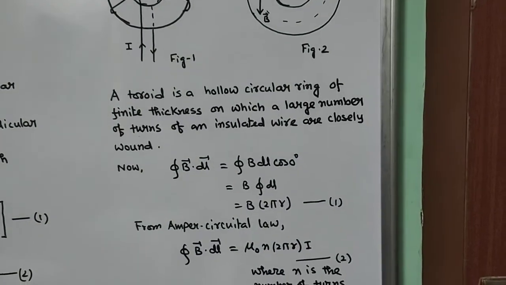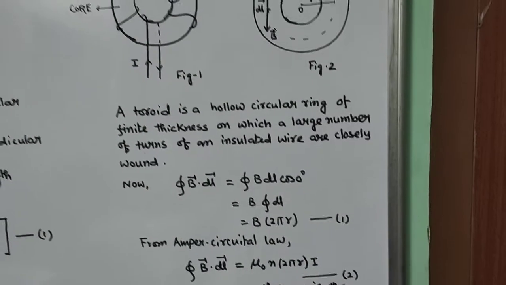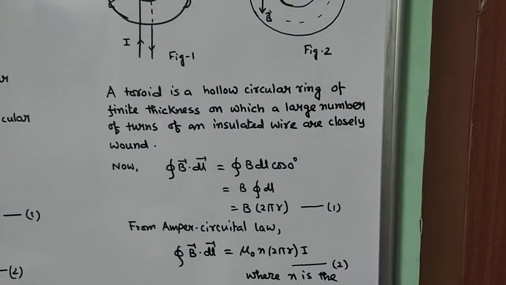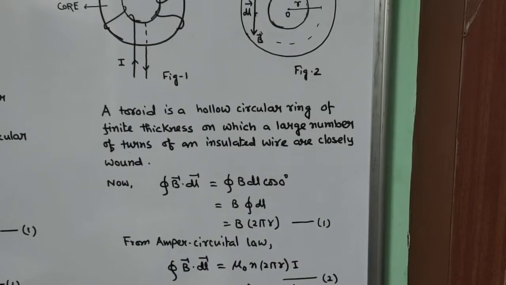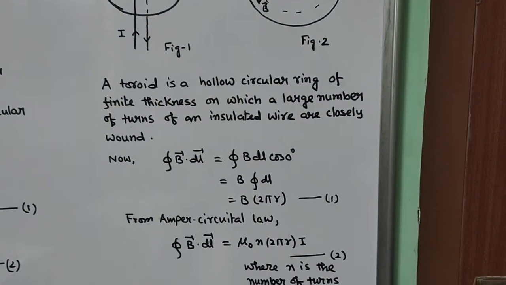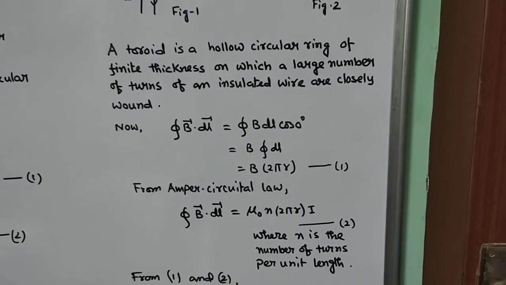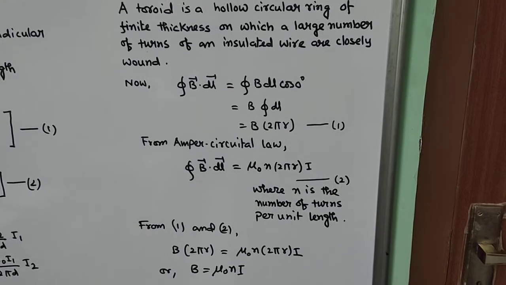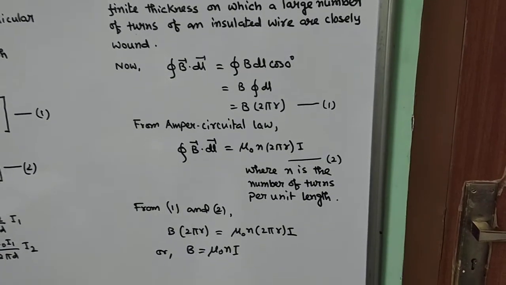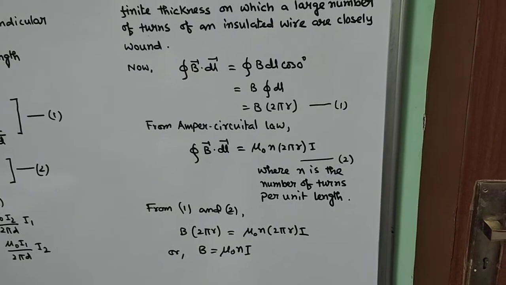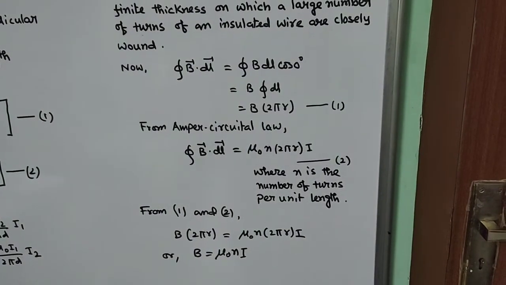So 2 pi r into n gives you the total number of turns, and on each turn there is a current I. So mu naught times the current enclosed by the circular loop, that is your Ampere's circuital law. So the closed integral of B dot dl equals mu naught n 2 pi r I. From 1 and 2 you can simplify: B times 2 pi r equals mu naught n 2 pi r I. So 2 pi r cancels, and you get B equal to mu naught n I.